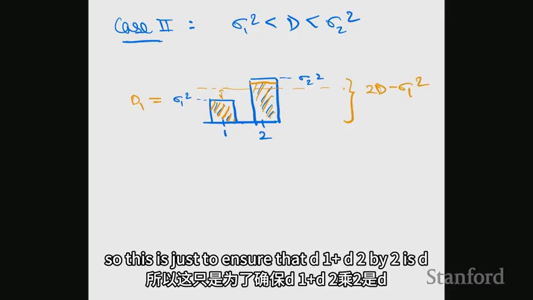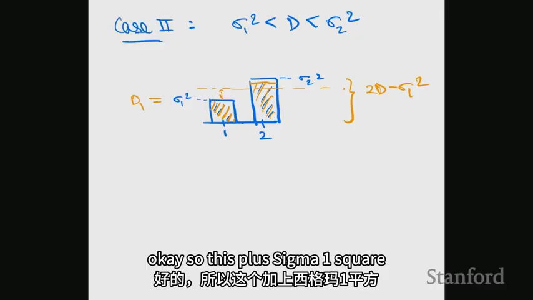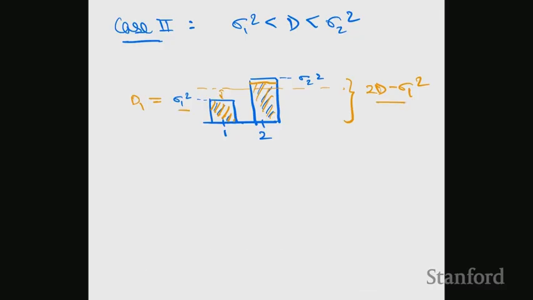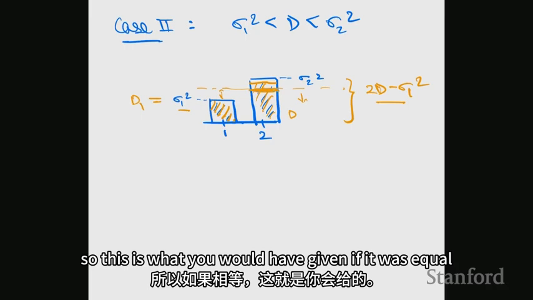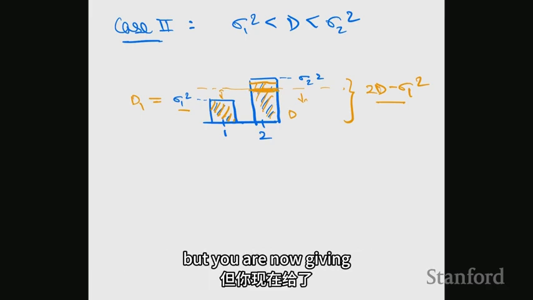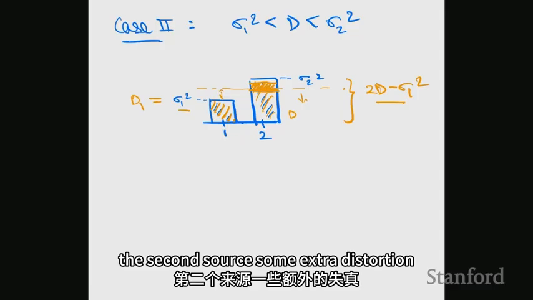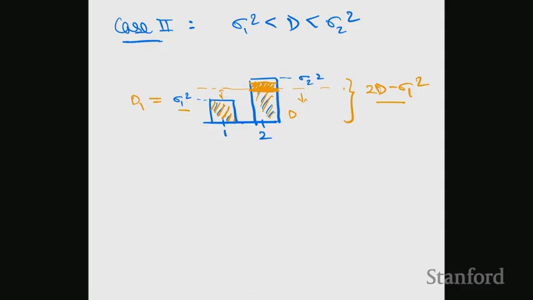So this is just to ensure that D1 plus D2 by 2 is D. Okay, so this plus sigma 1 square by 2 is just D. And so this is higher than actual D, right? This is what you would have given if it was equal, but you are now giving the second source some extra distortion.